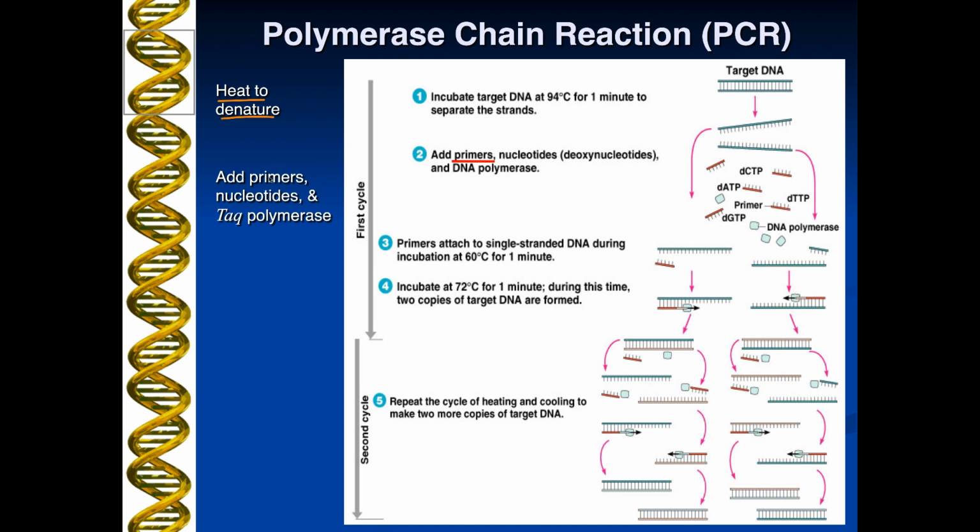We would want to add the three following things. Primers. Now, these would be small sequences of DNA that are single-stranded, and those particular primers would be specific for only certain DNA within the target DNA we're working with. So you have to know something about the DNA that you have isolated in order to do PCR.